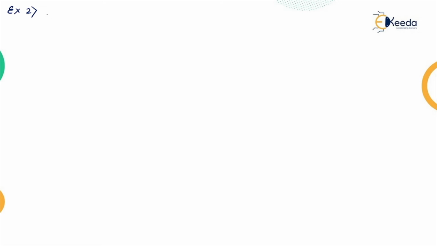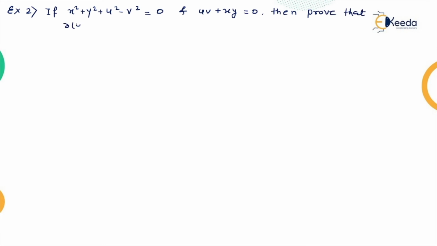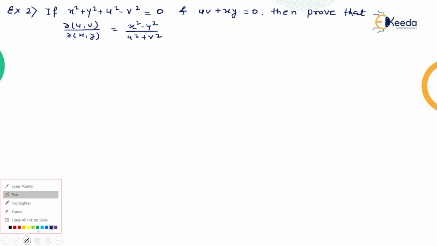If x square plus y square plus u square minus v square equals 0, and uv plus xy equals 0, then prove that ∂(u, v)/∂(x, y) is equal to (x square minus y square) upon (u square plus v square). So let's see how it will be solved.